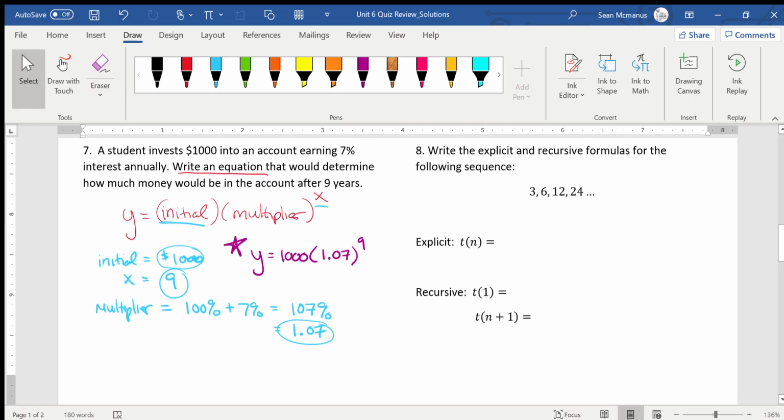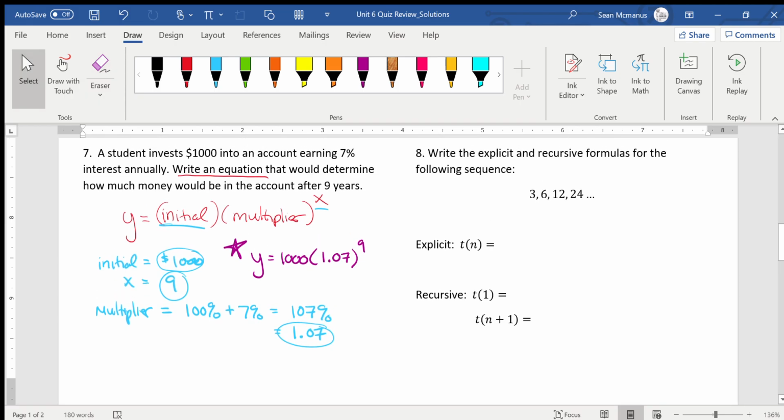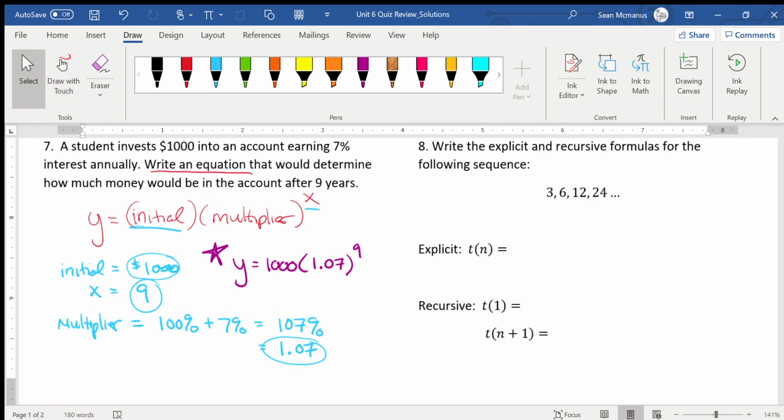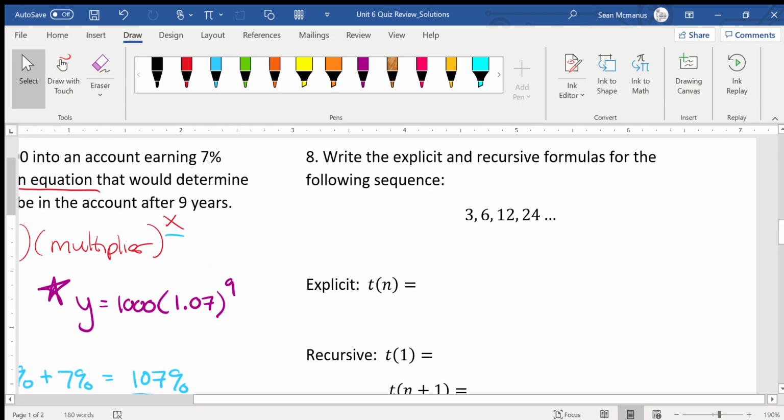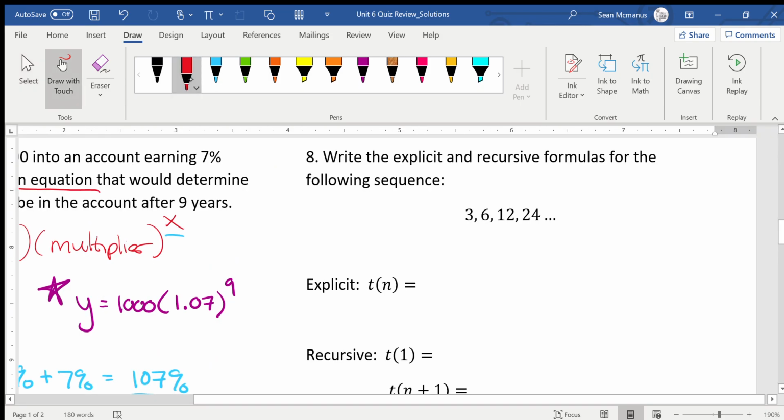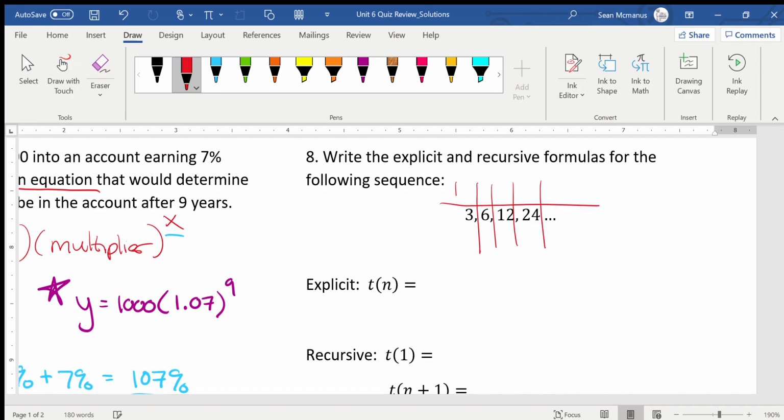All right, and write the explicit and recursive formula for the following sequence. Again, I gave you the formulas on the board, so you had to recognize, let's make this a little bit bigger here, that you didn't have to make a table, but when we did these in class, we made a table, 1, 2, 3, 4, 0.